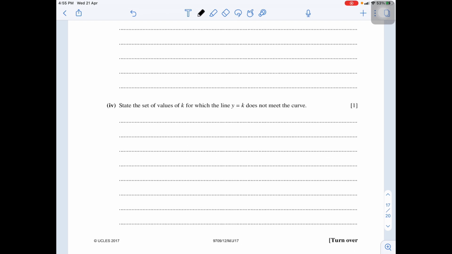Let's try the next one. Number 4. State the set of values for k for which the line y equals k does not meet the curve. When the line does not meet the curve, we know b squared minus 4ac is less than 0. So I'm saying substitute y equals k into the equation of the curve.